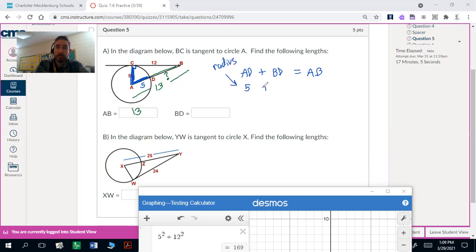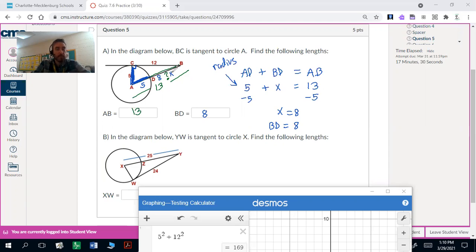What I'm trying to find, I don't know. We'll call that X. But I know AB is 13. So I can subtract the 5 from the 13 to get X. That's going to give you 8. So BD is equal to 8. So we got 8, we got 5.